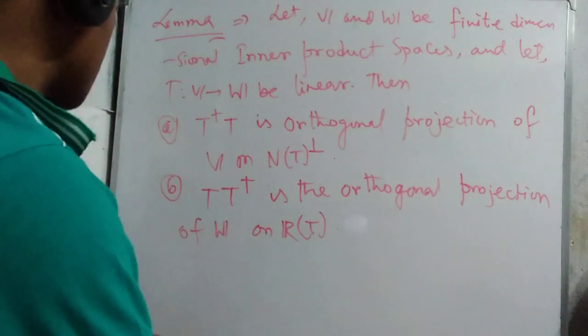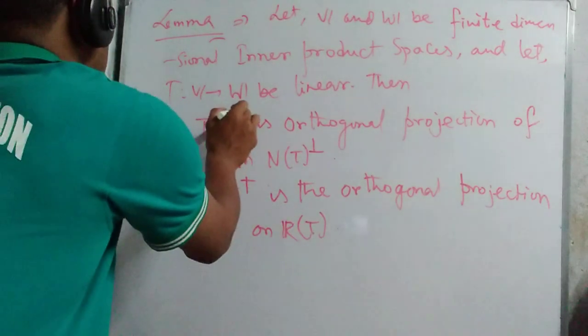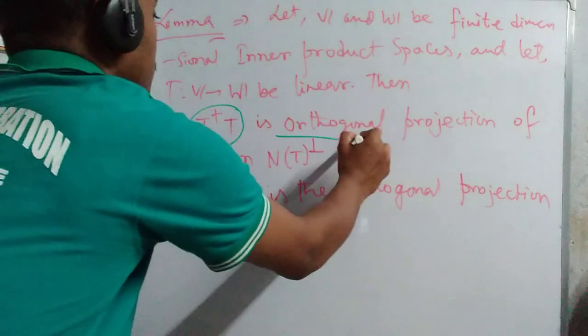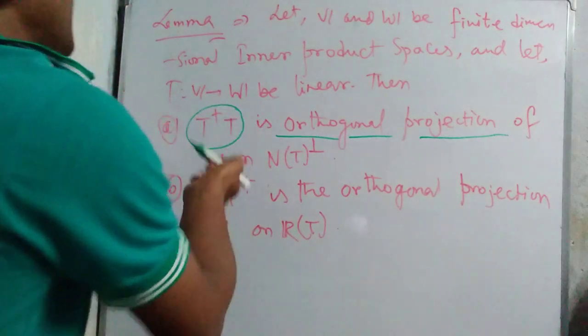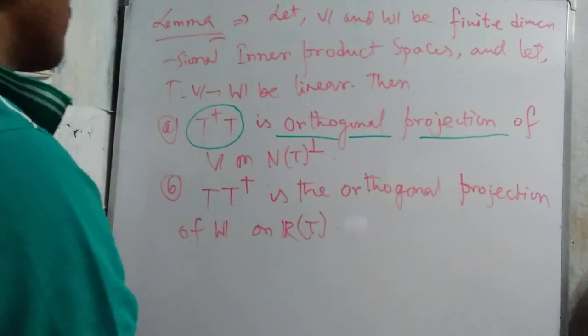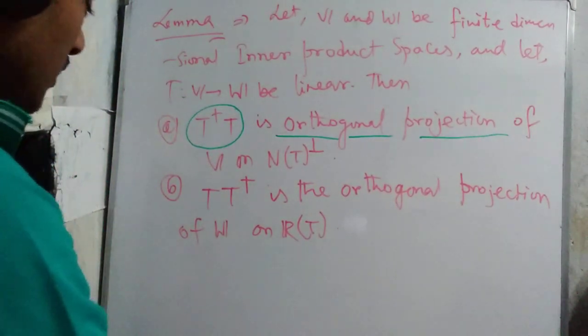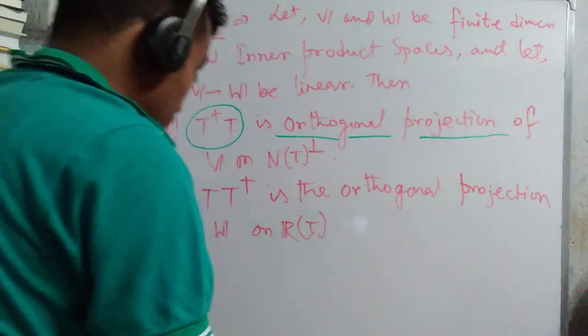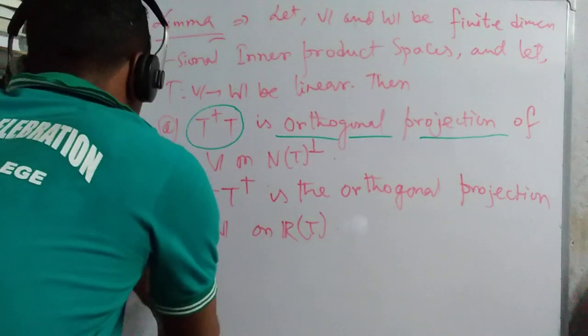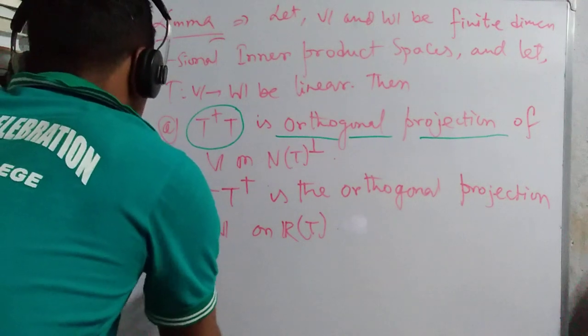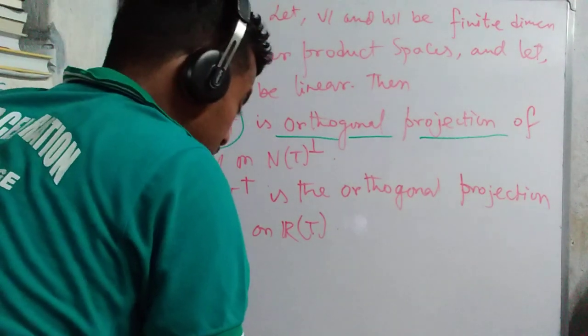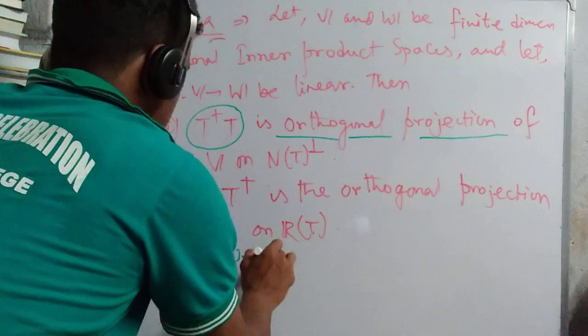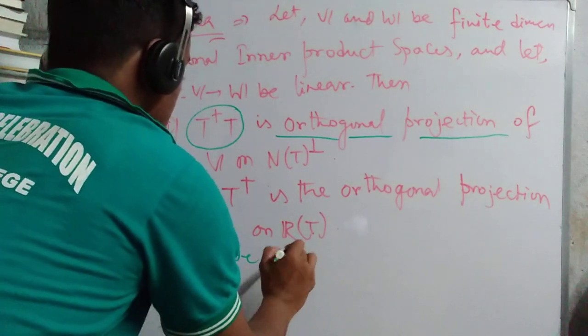This one is so simple. First we discuss that T dagger T is the orthogonal projection of V on N(T) perpendicular. Here we write the proof.